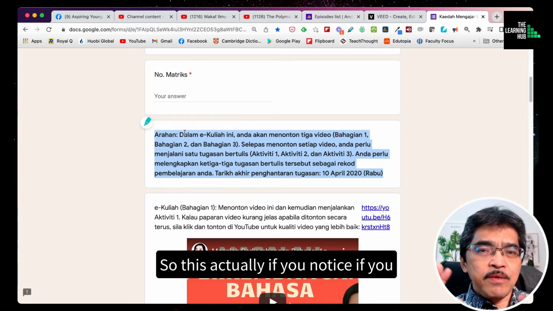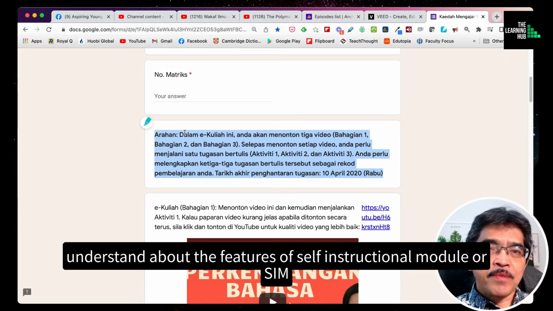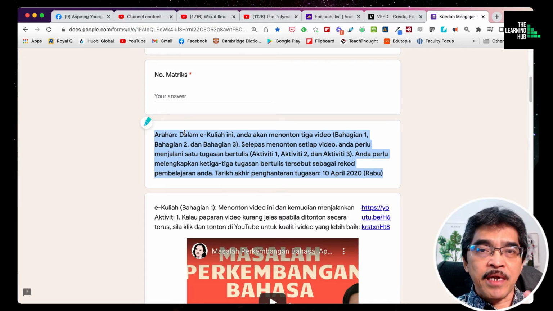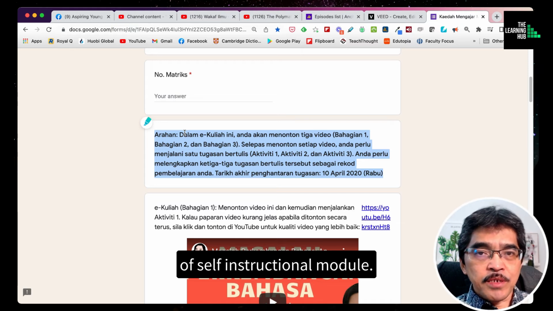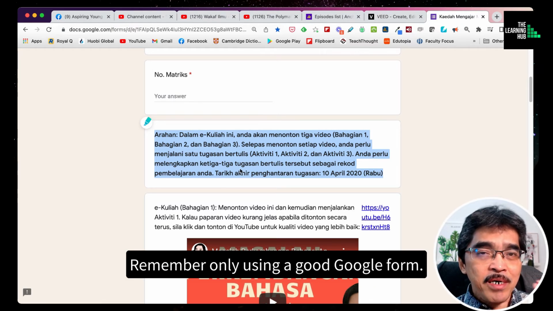If you understand the features of a self-instructional module or SIM, this actually has some elements of a self-instructional module. And remember, only using a Google Form.